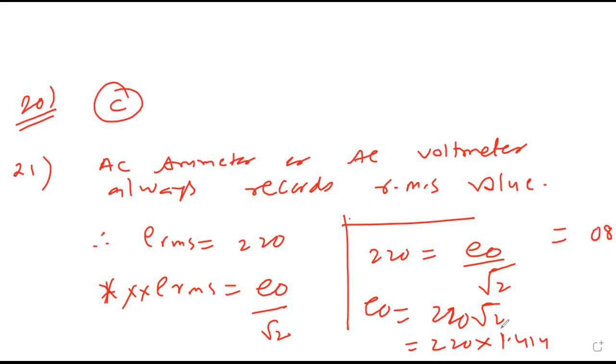Carry 3. 88 and 3 is 91. Carry 9. 22 into 1, 22 and 9, 31. And 1, 0 after 3-digit decimal. So this will be 311.08, which is not present anywhere. Therefore, option is B. Solve.